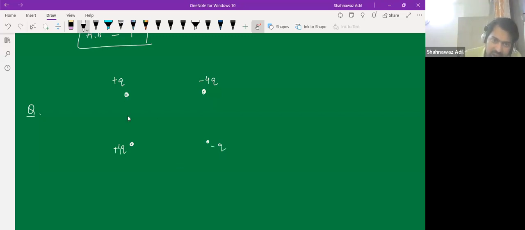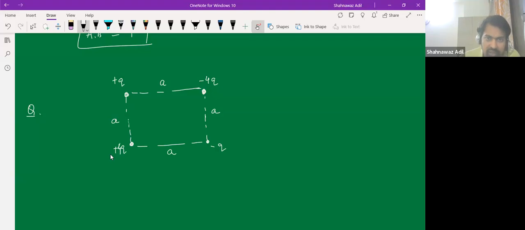These are the charges placed at the corners of a square with side length A. And you have 4 charges.